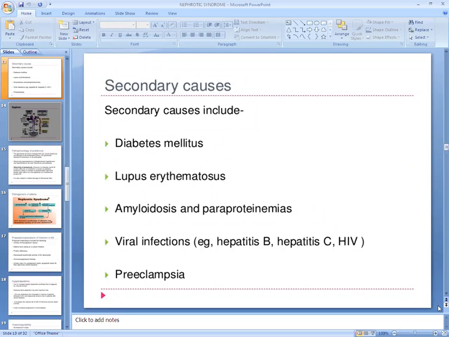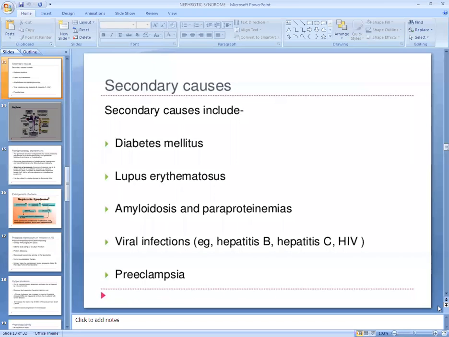Many drugs and toxins are toxic to your kidney. These are called nephrotoxic drugs. Sometimes heavy metals like lead, mercury, arsenic also damage the kidney, leading to nephrotic syndrome.